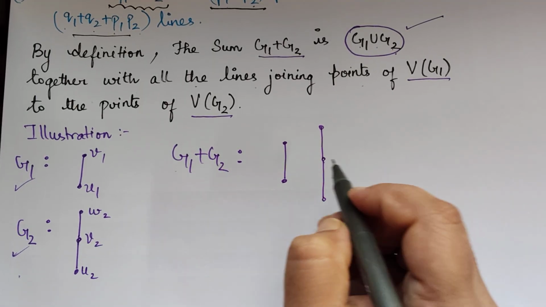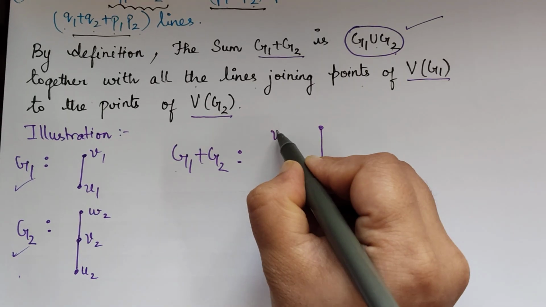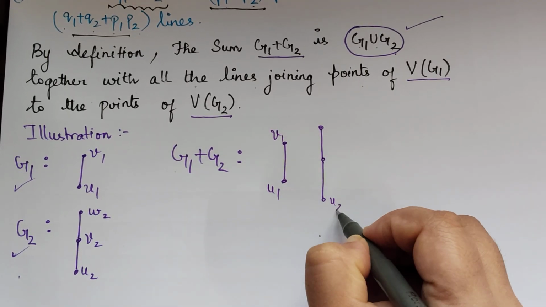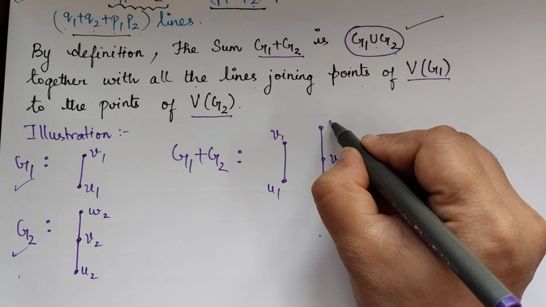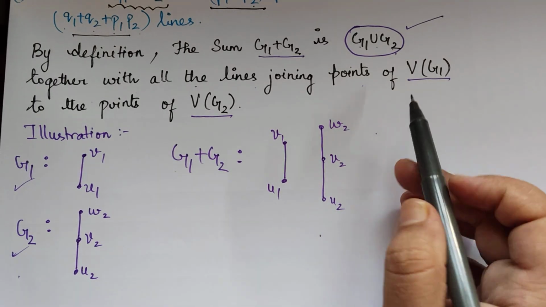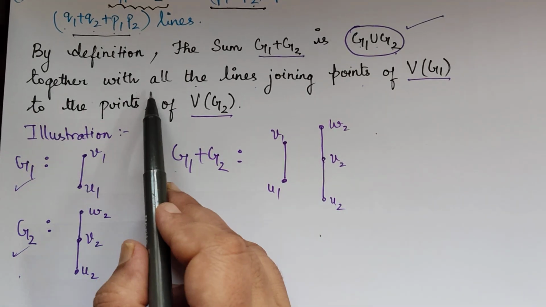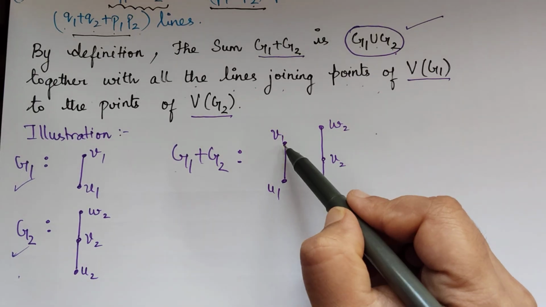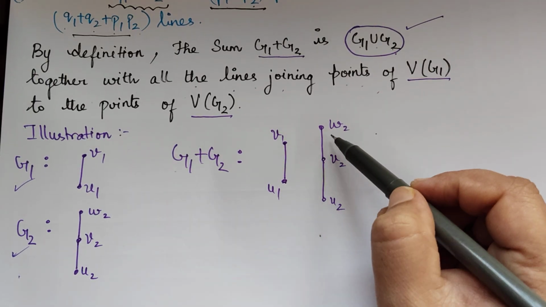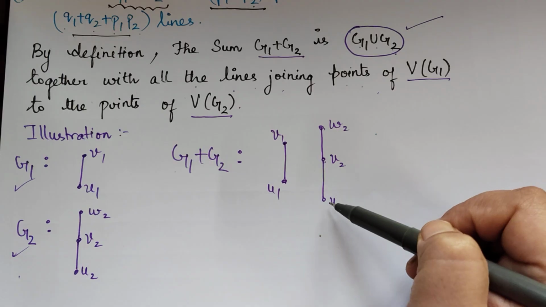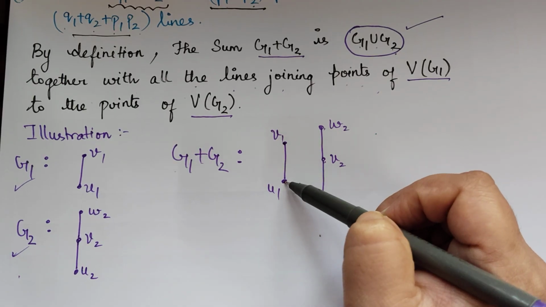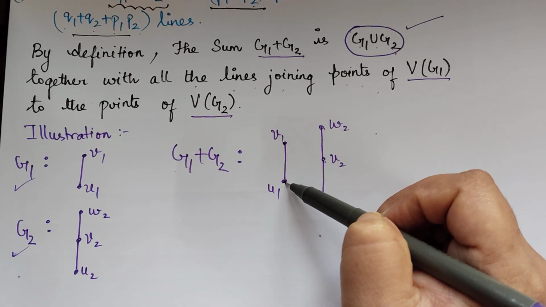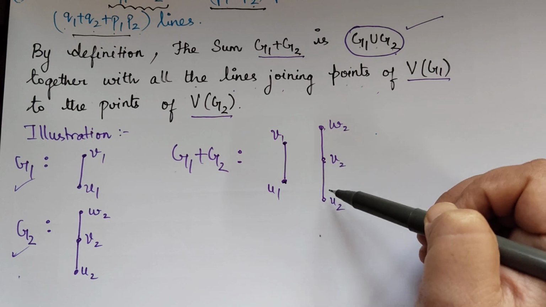So G1 and G2 with this as V1, U1, V1, U2, V2, W2. After that, along with this, together with all the lines joining the points of vertices of G1 to the points of the vertices of G2. So all the vertices of G1 have to be joined to all the vertices of G2.